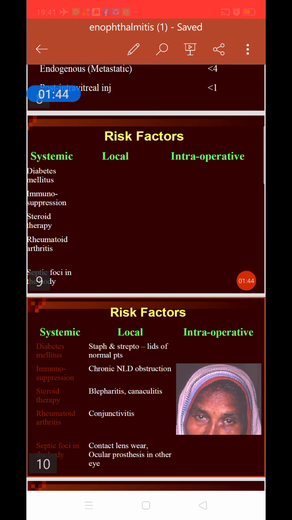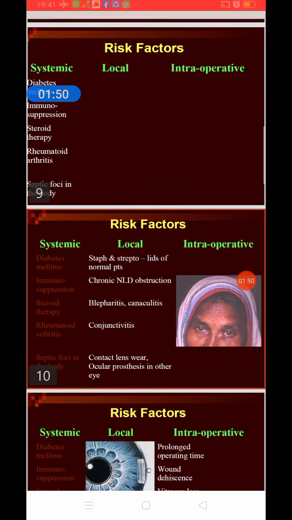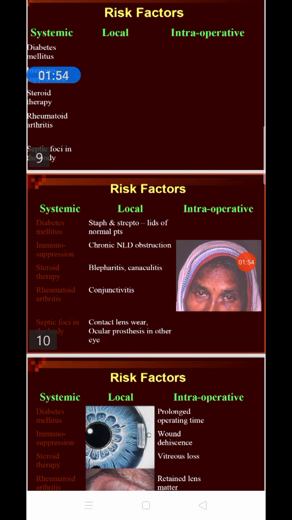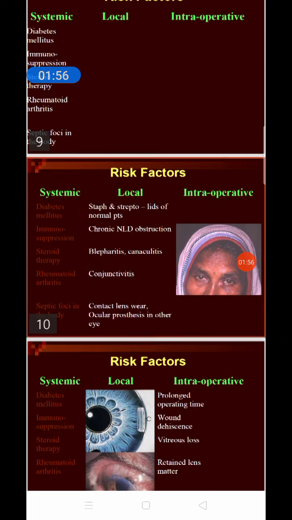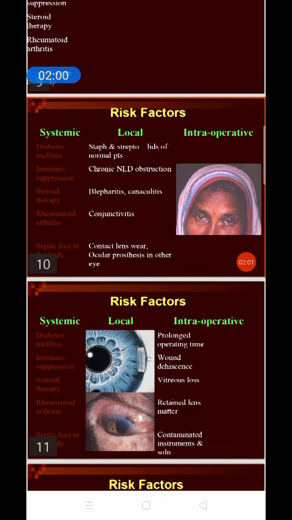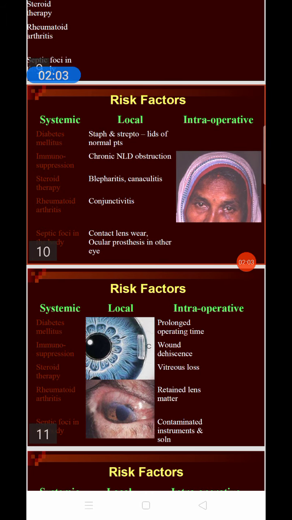Systemic risk factors could be diabetes, immunosuppression, steroid therapy, rheumatoid arthritis. The local ones could be staphylococcal or streptococcal infection of the lids, or nasolacrimal duct obstruction, or conjunctivitis, or contact lens wear, or prosthesis.